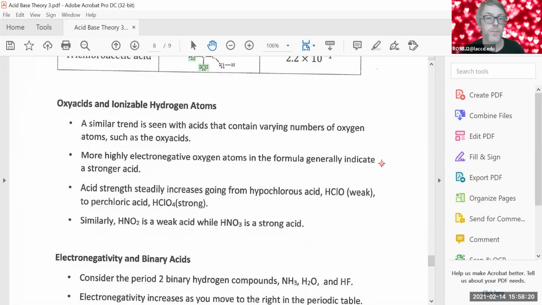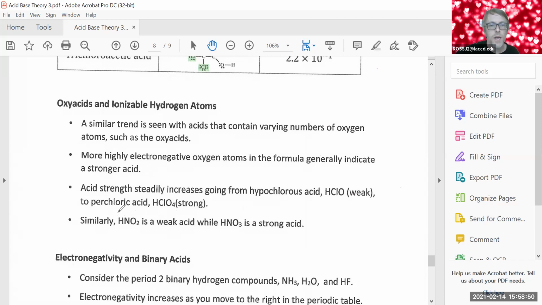So let's see. And yeah, so the types of acids we've seen before, oxoacids, we can definitely increase the strength by continuing to stabilize the conjugate base. For example, a specific one we saw was this bottom one here, right?